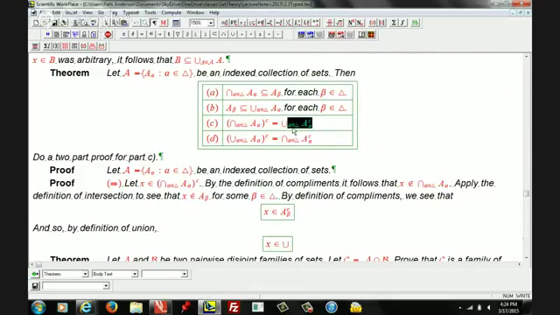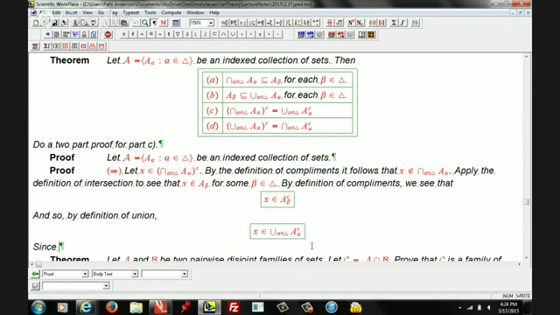Since x was arbitrary, and this is set containment.